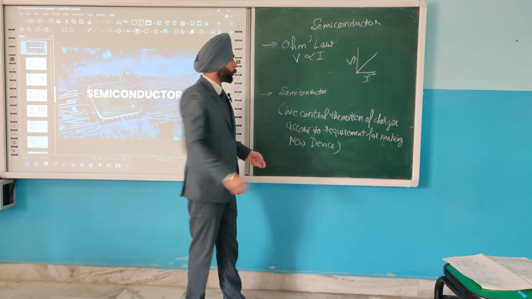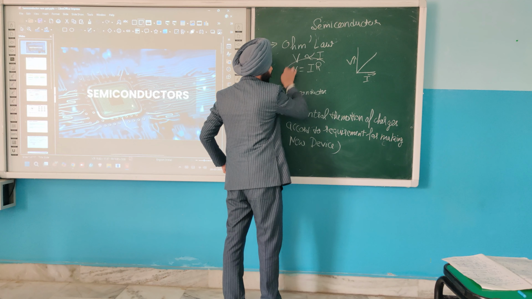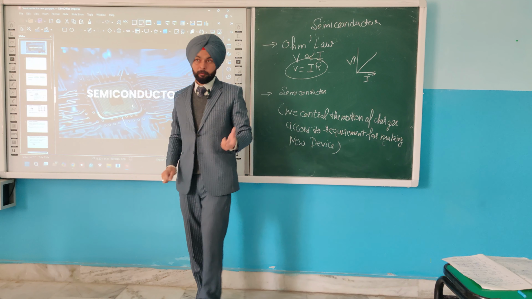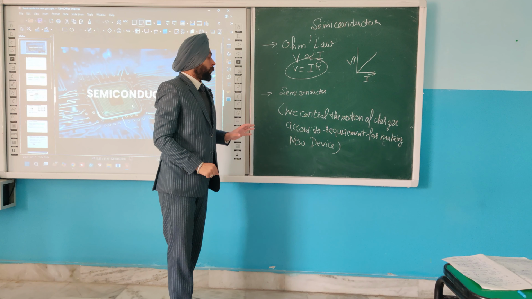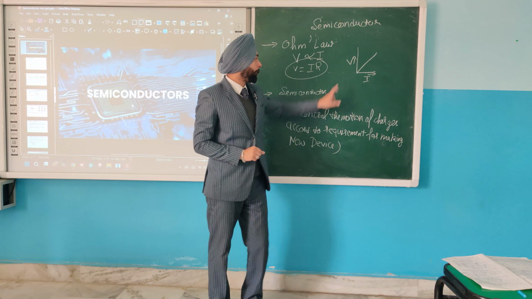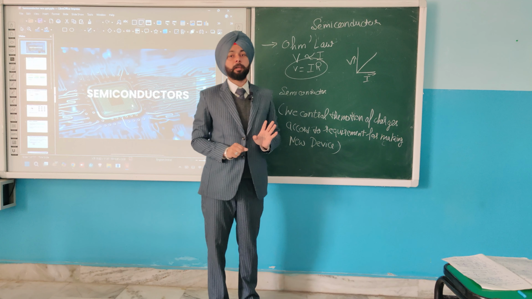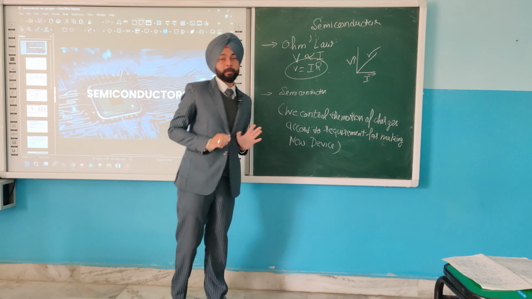When we remove the proportionality sign, we take R as the constant, where R is the resistance. Graphically, Ohm's law is voltage versus current, a straight-line graph.